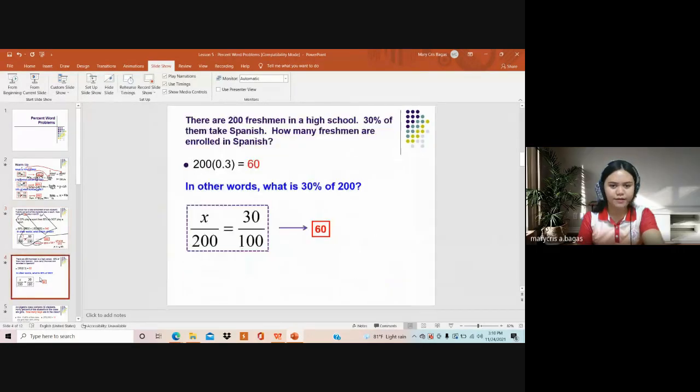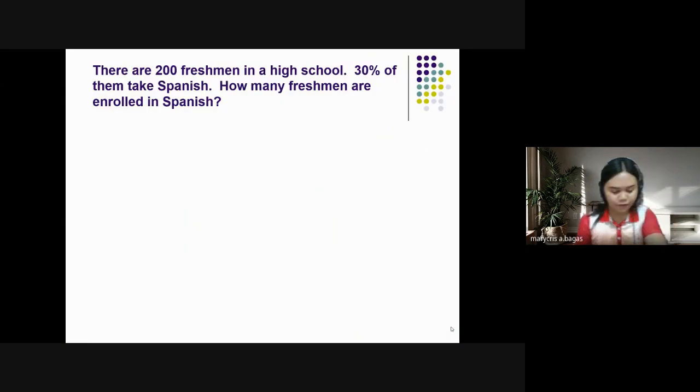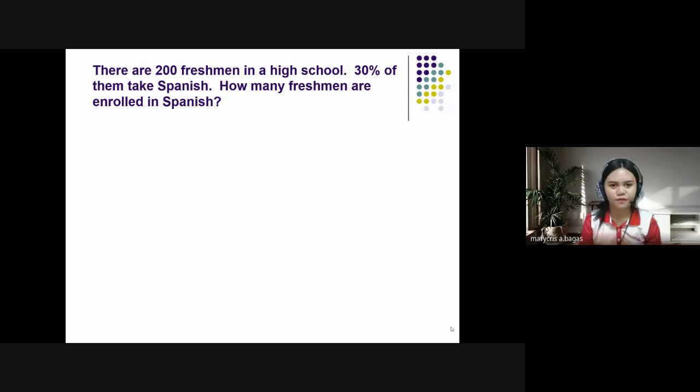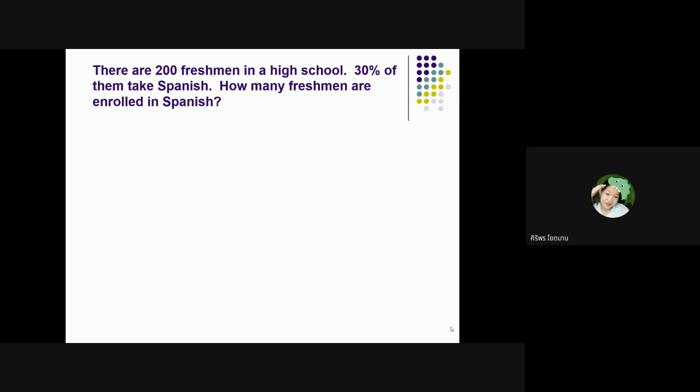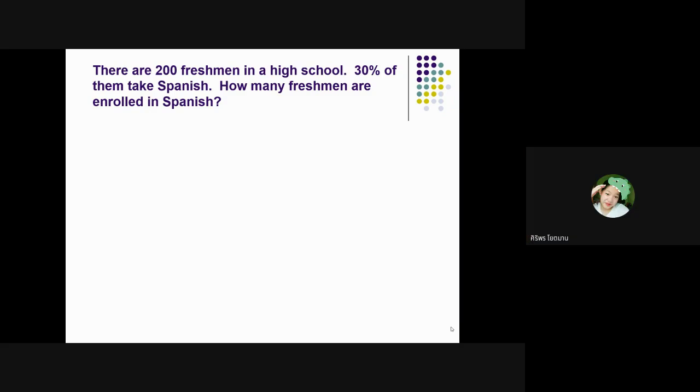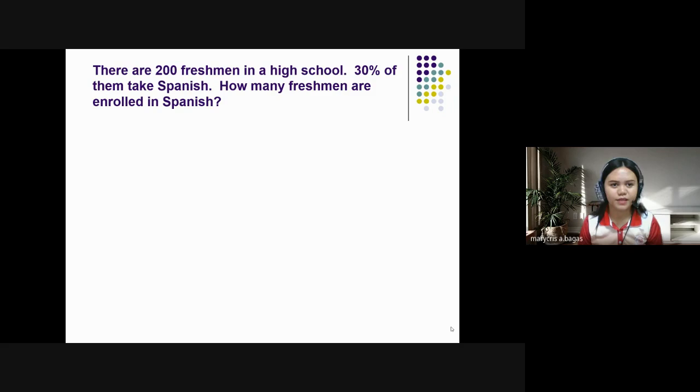Next one. Let's try the next one. Everybody read. There are 200 freshmen in a high school. 30% of them take Spanish. How many freshmen are enrolled in Spanish?